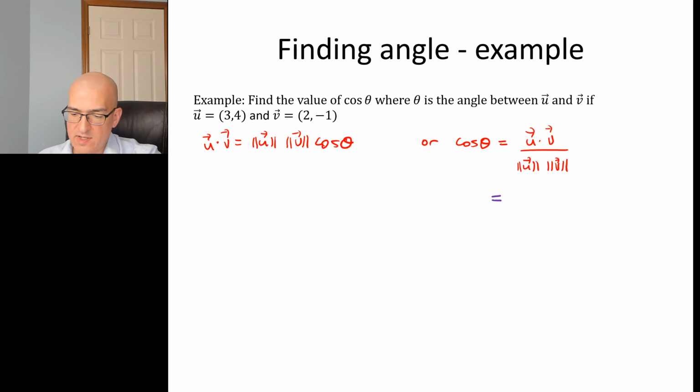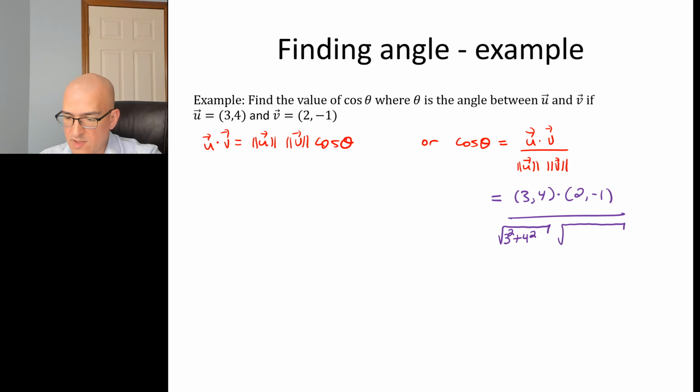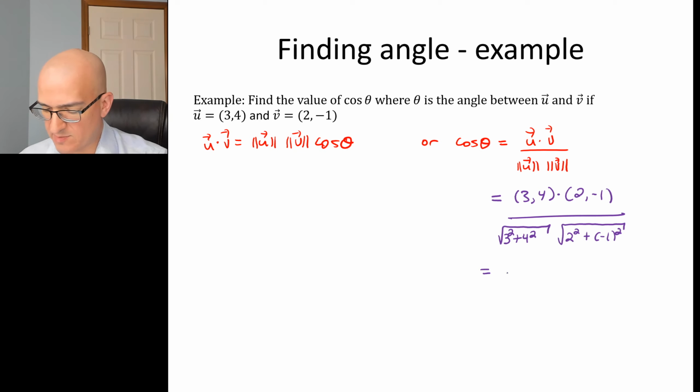So cos of theta equals u dot v, so I'll put those in, 3, 4 dot 2, -1, all divided by the square root of 3 squared plus 4 squared, and the square root of 2 squared plus -1 squared. So those are the two length calculations in the denominator and the dot product operation in the numerator. Okay, now let's simplify.